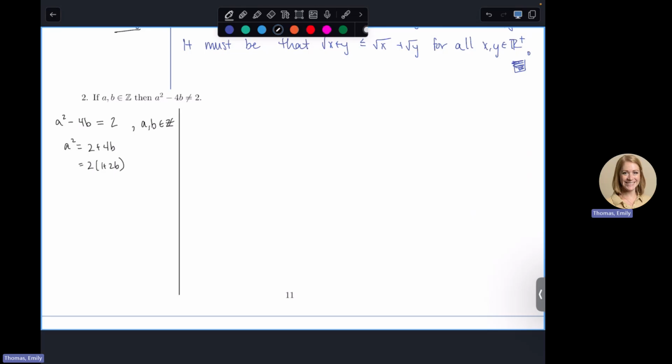What does that mean about a squared? Sure is. So a squared is even, which means that 2 divides a squared. You with me? What does that mean?